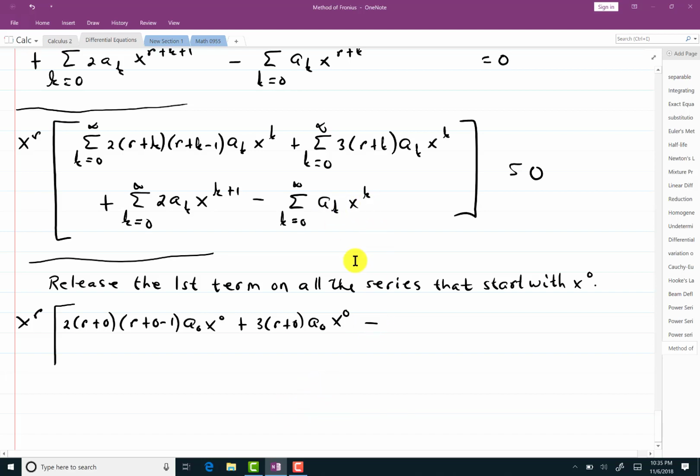Minus, and this one will be a sub 0, x to the 0. And then I'm ready. All these series now will begin at 1. I'll reindex this remaining series after I rewrite these all starting at 1.